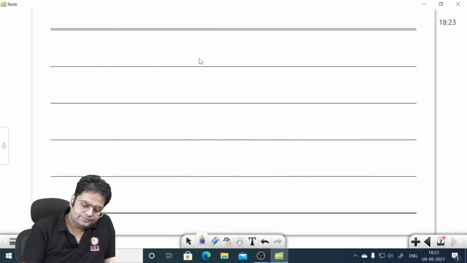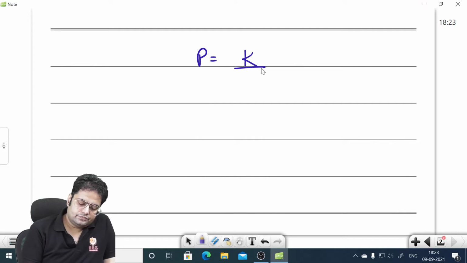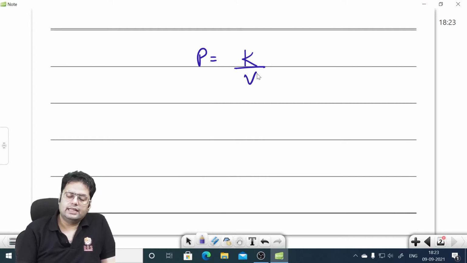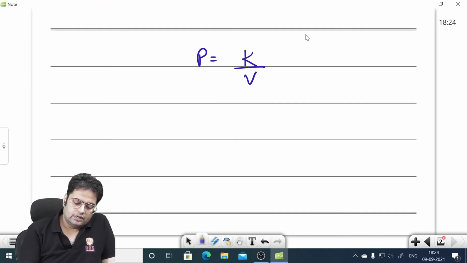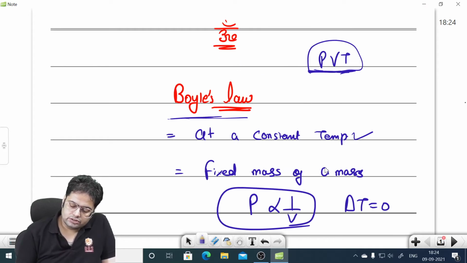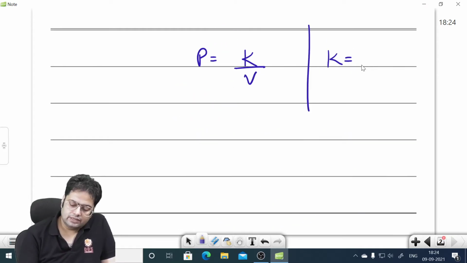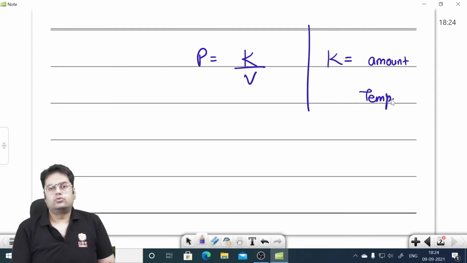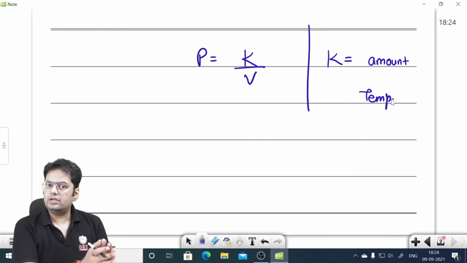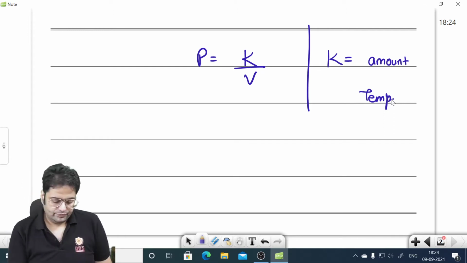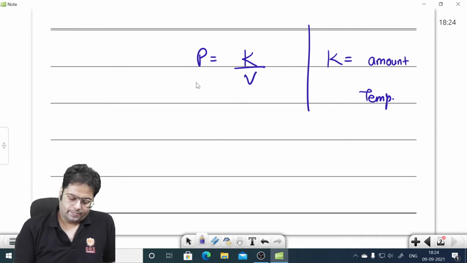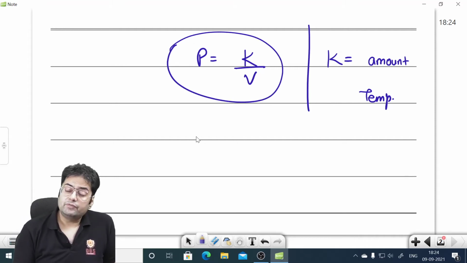Now we can write it like this, where K is my constant of proportionality. Now this K will depend upon, like we said, the constant temperature and mass. So K will be dependent on amount and temperature, and that too directly. So this is the empirical relation between pressure and volume.